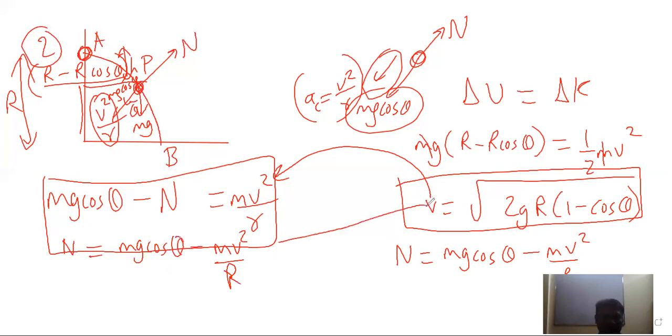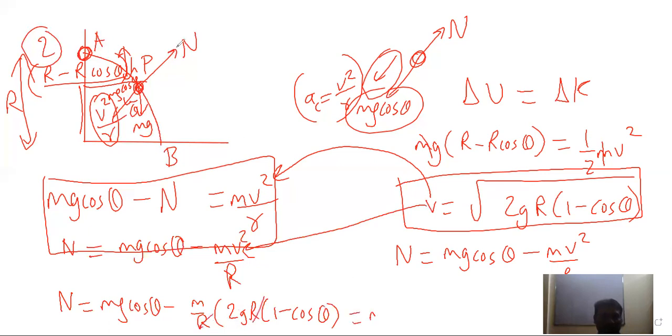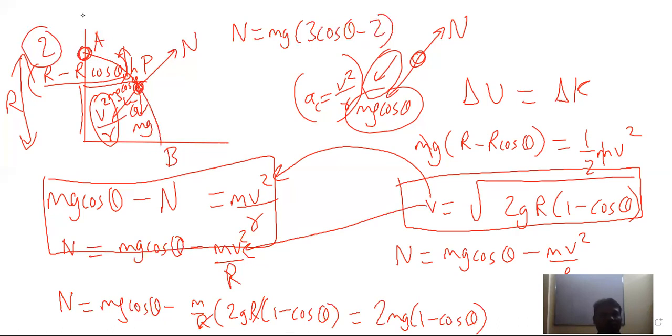Let us substitute this value of v here. So n comes out to be mg cos theta minus m by r into v square, which is 2gr into 1 minus cos theta. R cancels and we get 2mg into 1 minus cos theta. On simplifying, we'll get the value of normal reaction n as mg into 3 cos theta minus 2. So this is our function for normal reaction.